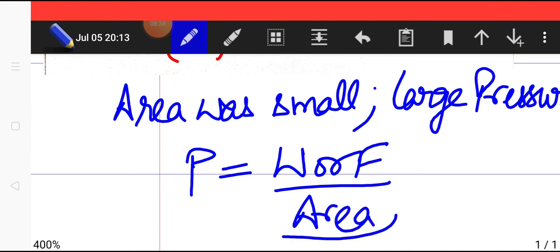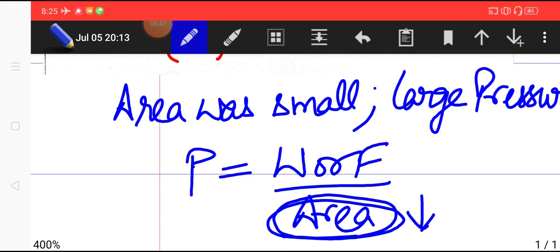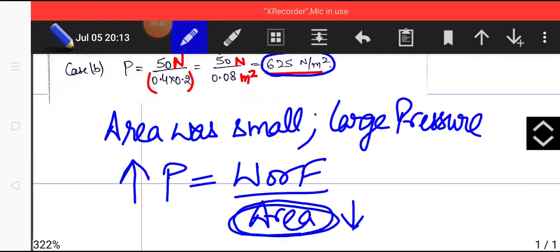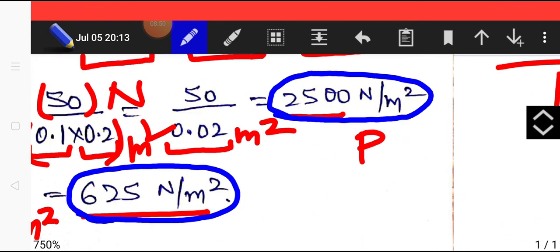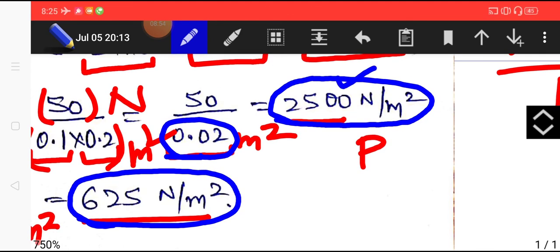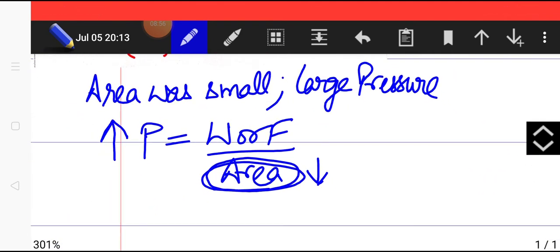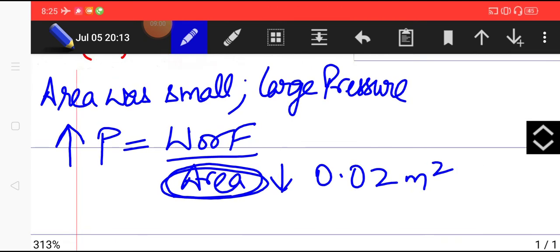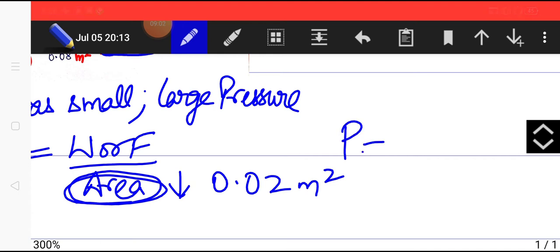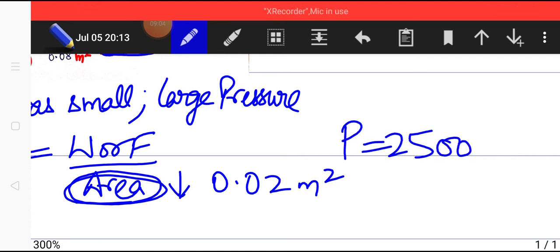So the smaller the area, if you divide by a number which becomes smaller and smaller, your quotient or pressure will become greater and greater. So that is the first case. Your area is small, that is 0.02 meters square, so you get the pressure of 2500 Pascal or Newton per meter square.